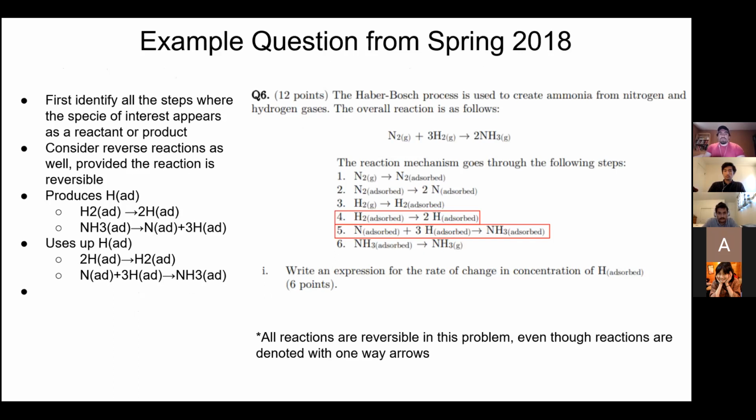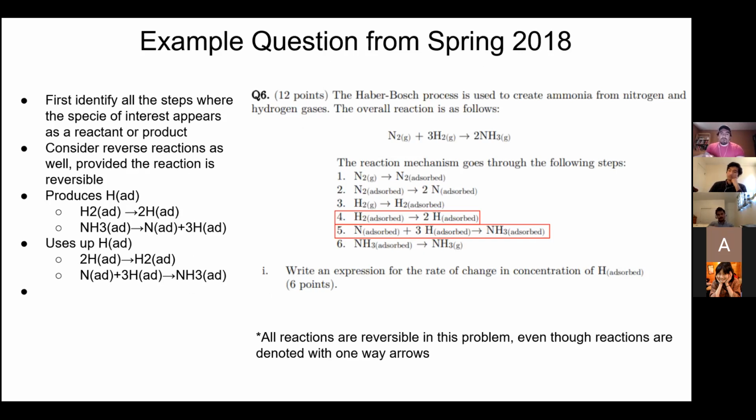So first, to solve the question, we should identify all the reaction steps where our species of interest appears, which is H adsorbed. You can see on the right in the red boxes, it's in steps 4 and 5. So we only focus on that.